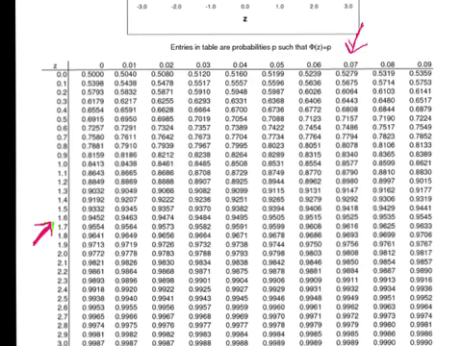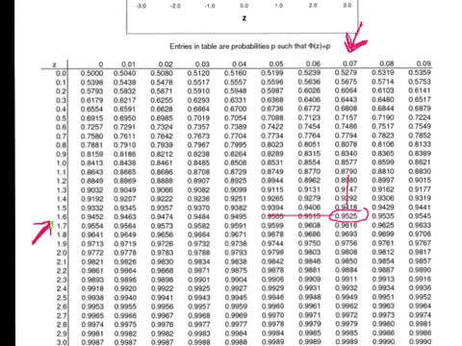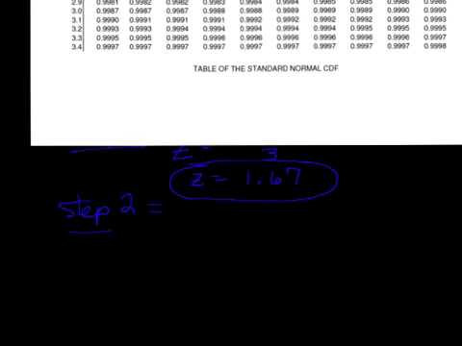Good gosh, we have a lot of 7 columns in here. And where those two meet, this is kind of hard on the eyes, I realize that, but that's where those two meet. That's 0.9525. That's that probability. So you're going to fill in 9525. That's our chart value, 9525.